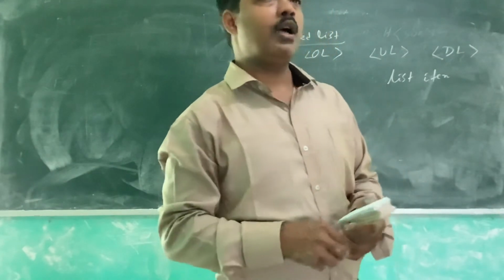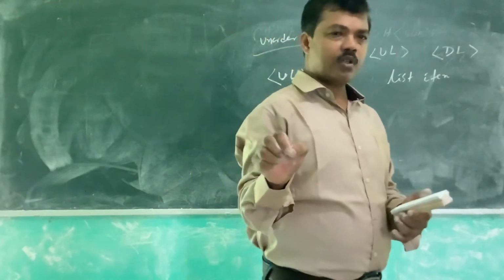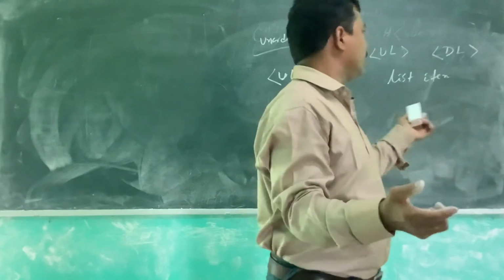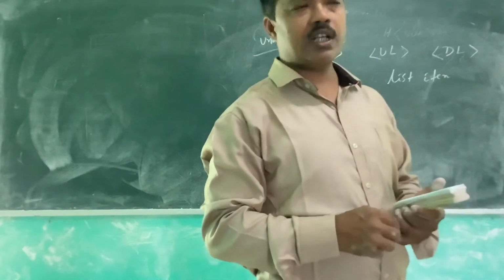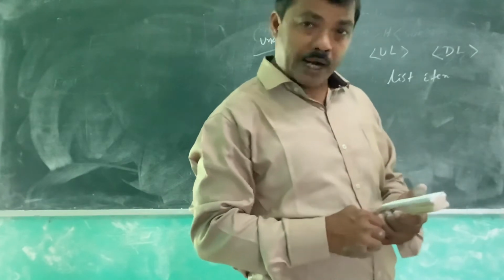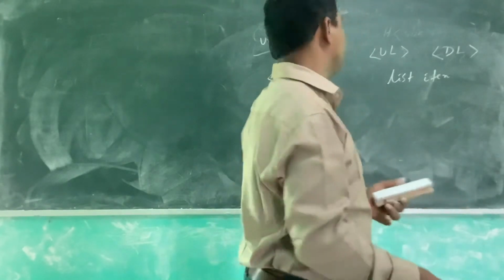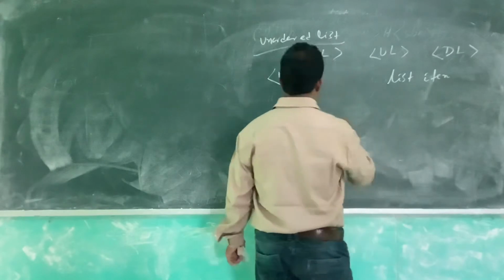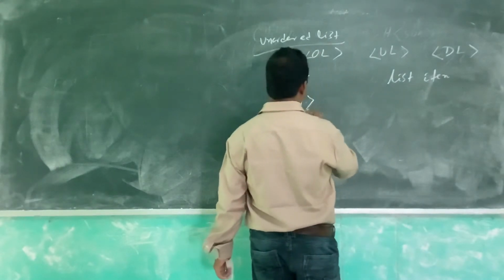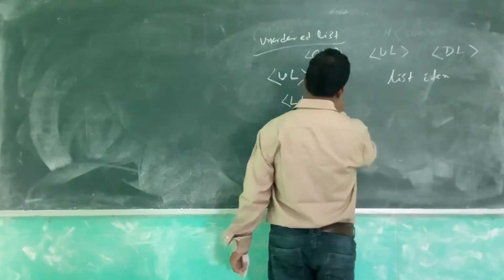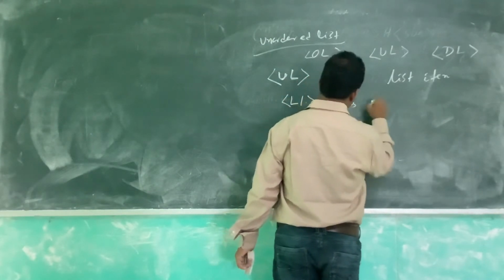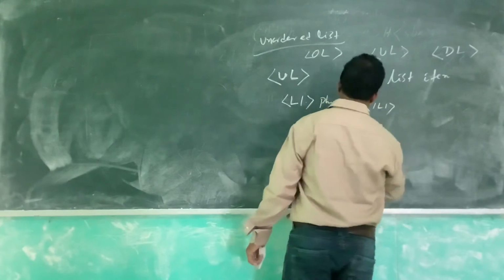of items, and each item, what are the items here? Physics an item, chemistry, math, IT, biology, English, ML, these are all items but separate items. So each item should be enclosed between LI and slash LI. That means physics slash LI.